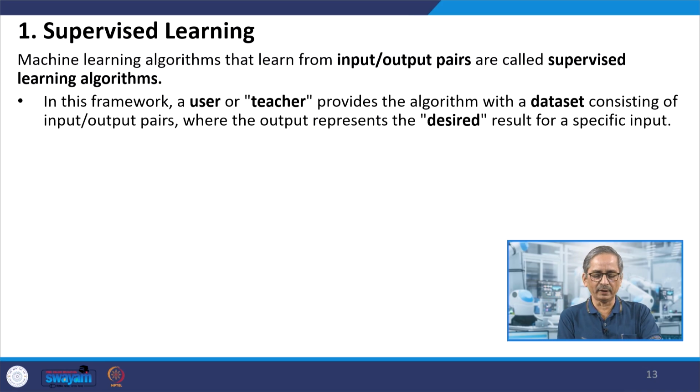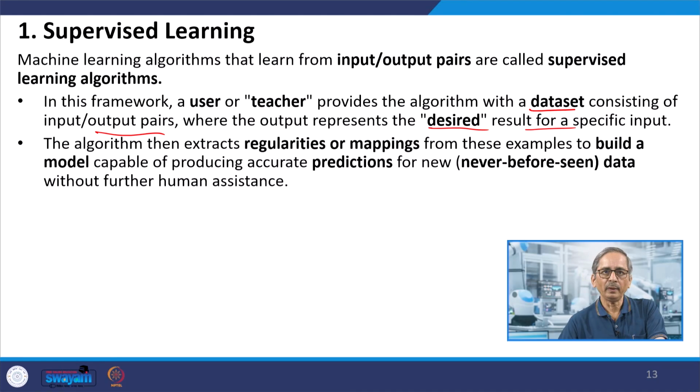In this framework, a user or teacher provides the algorithm with a data set consisting of input output pairs, where the output represents the desired result for the specific input. The algorithm then extracts regularities or mappings from these examples and builds a model, and that model can be used to do prediction for new inputs.